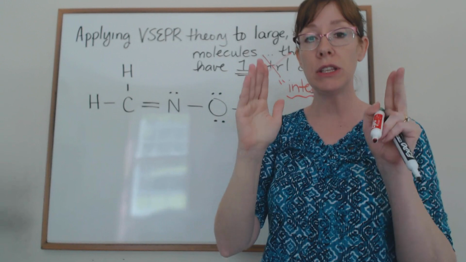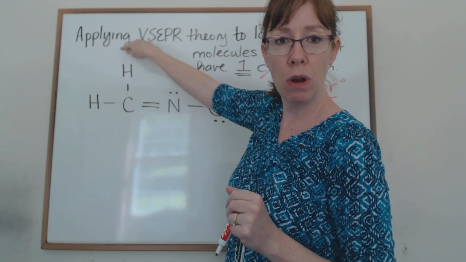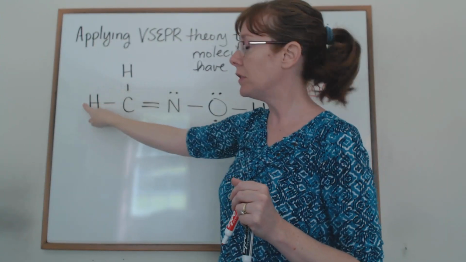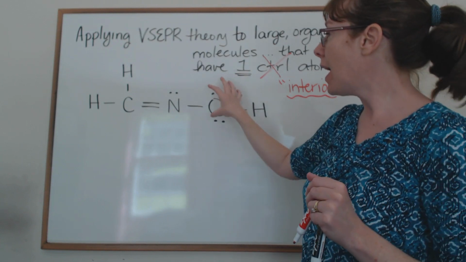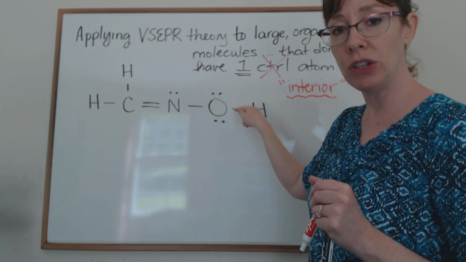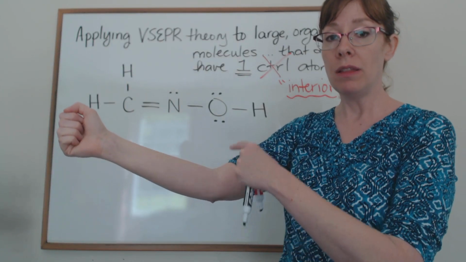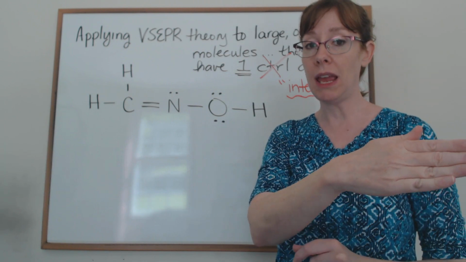Let's contrast terminal versus interior. Terminal means that's the last atom and there are no other atoms after it in terms of branching. So this is a terminal atom, terminal, terminal. But anytime you have an interior atom that has two joints, you have to analyze what shape is going around that atom, and that will end up dictating the turns that the molecule will take.